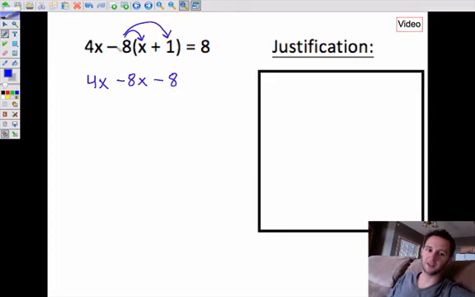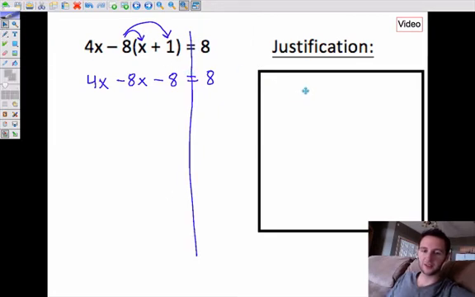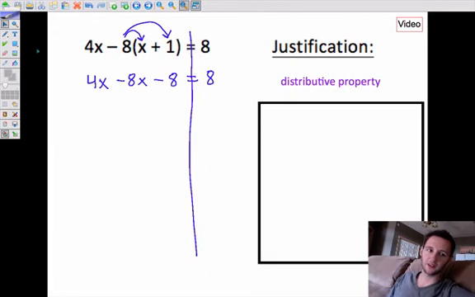Okay, because this negative comes with the 8 here over to the 1. And so I have actually a minus 8 here, not a plus 8. Okay, so that's a common mistake that a lot of people are making. All right. So I got rid of the parentheses, and of course the reason I could do that was the distributive property.